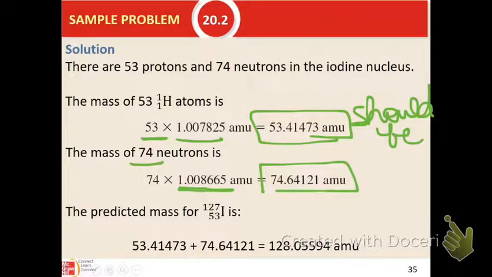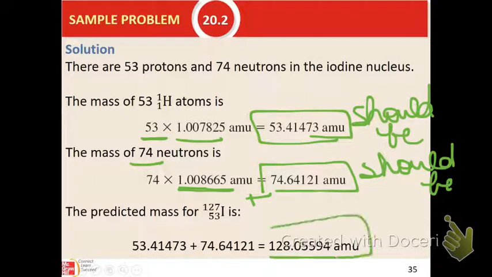That's the mass according to the number of neutrons there should be. You add these two numbers together, and this is what the mass of the nucleus should be: 128.05594. That's what it should be.